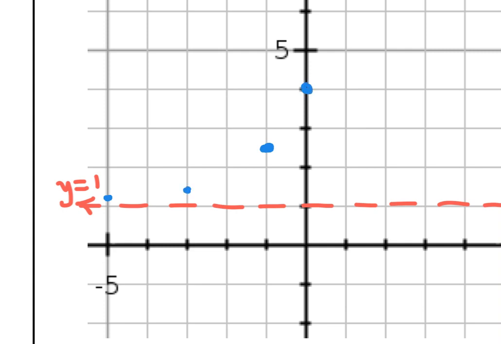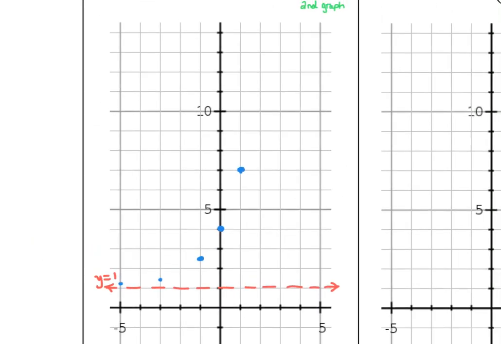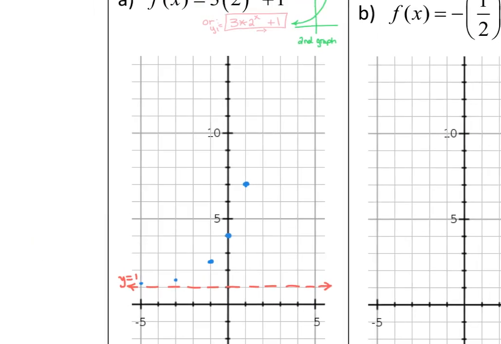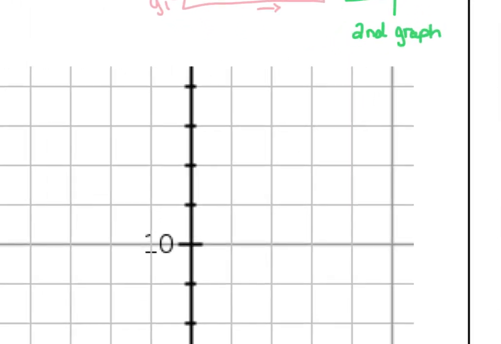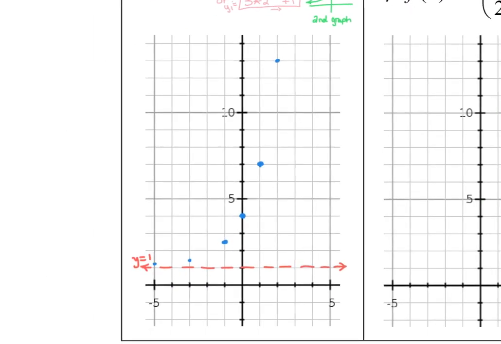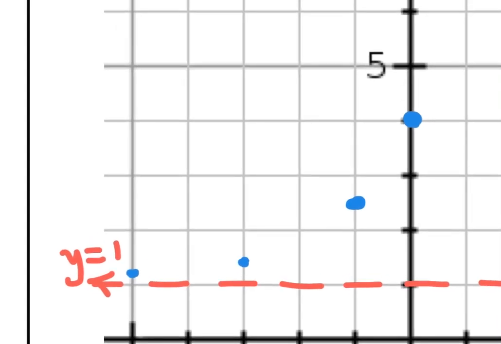Then at 0, your point is 4, and when x is 1, y is 7, and I think that x equals 2 I can fit on here. So at x equals 2, y is 13, and that's going to be the last one that I have room to put on here. And then when you draw your graph, be careful not to actually touch that asymptote there.